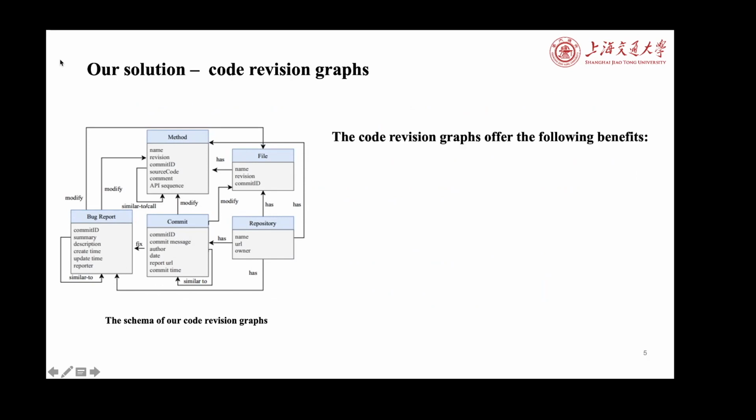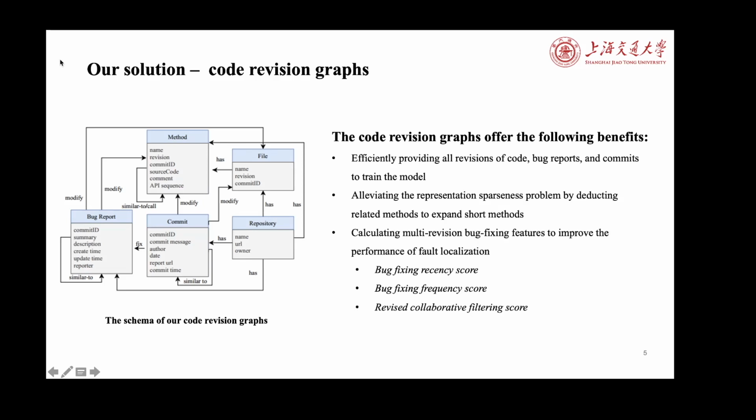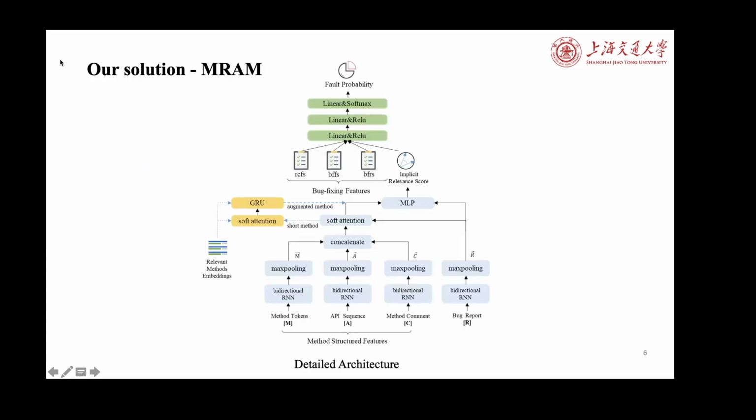The code revision graphs offer the following benefits. It provides all revisions of code, bug reports, and commits to train the model. It provides related methods to expand short methods. It calculates multi-revision bug fixing features to improve the performance of fault localization.